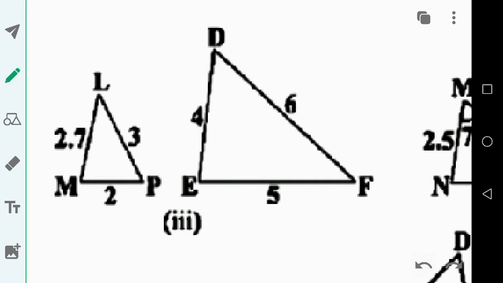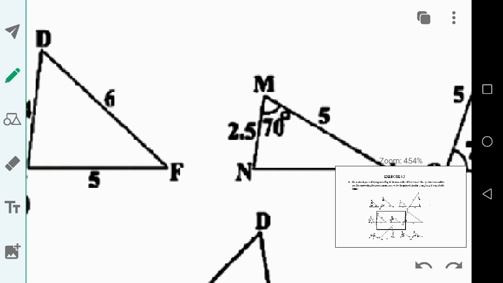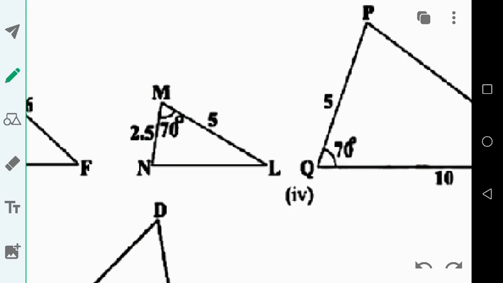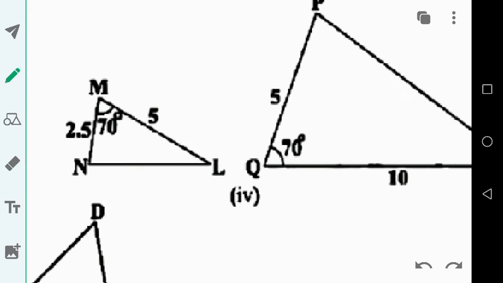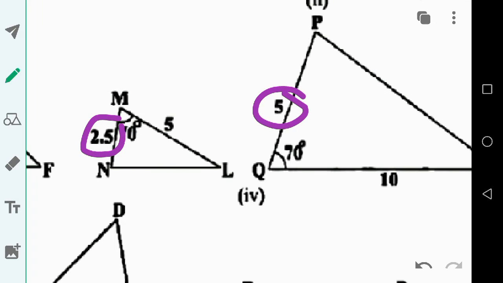Okay, so now let's move on to the next. Here you see the ratio of these two sides is half. 2.5 by 5 is half, so MN by PQ is half.